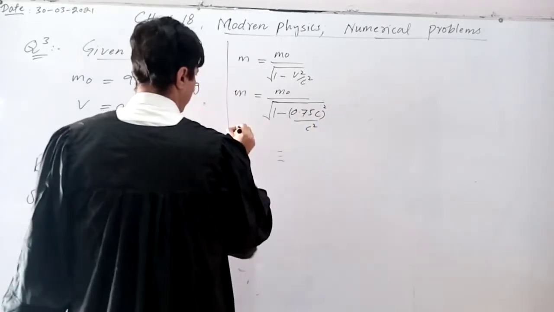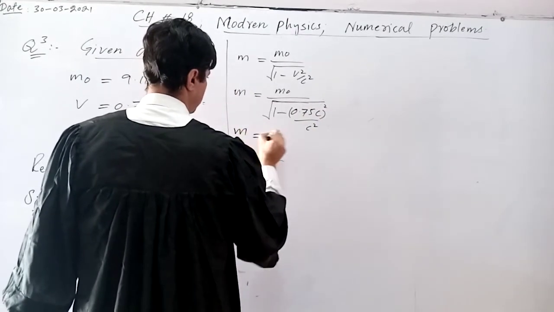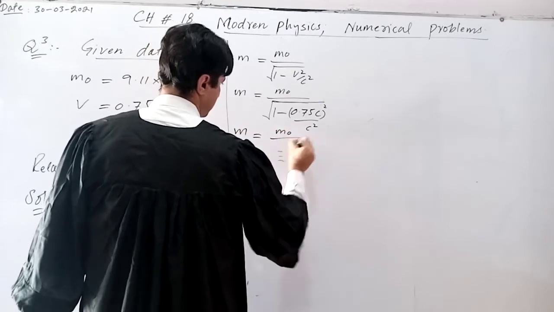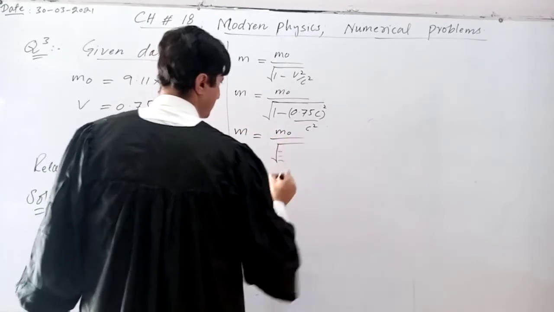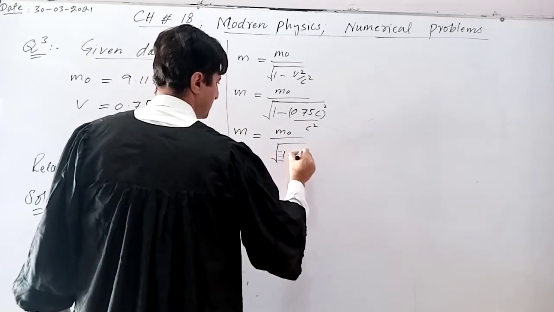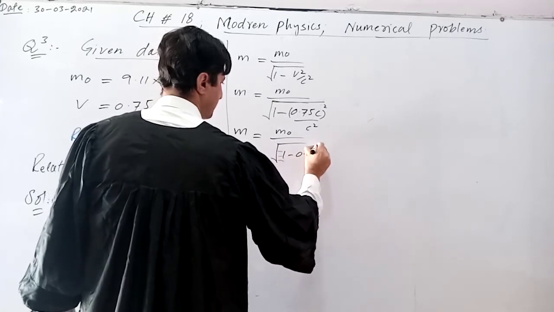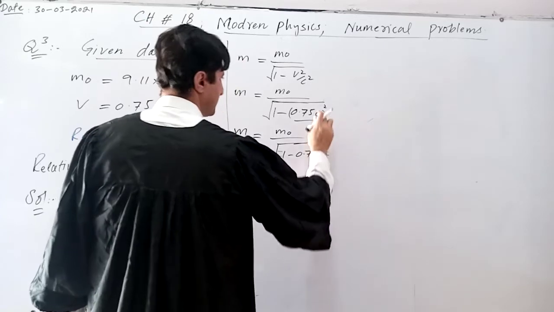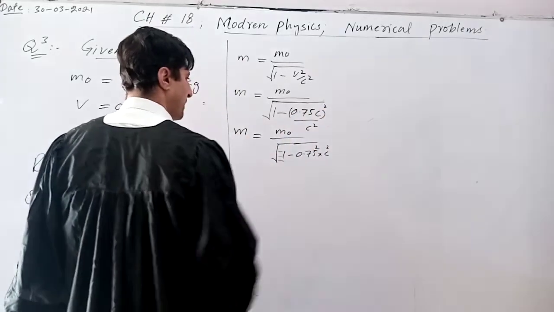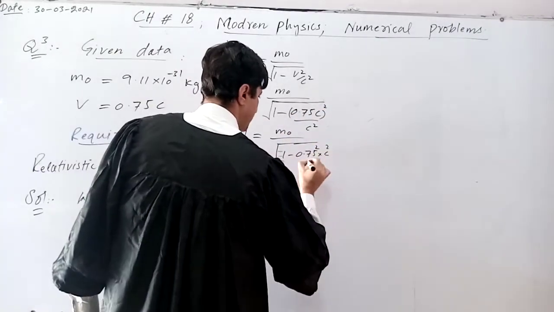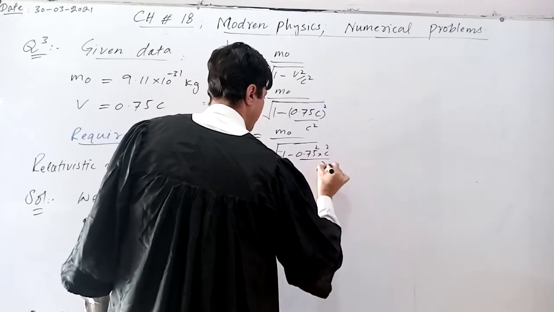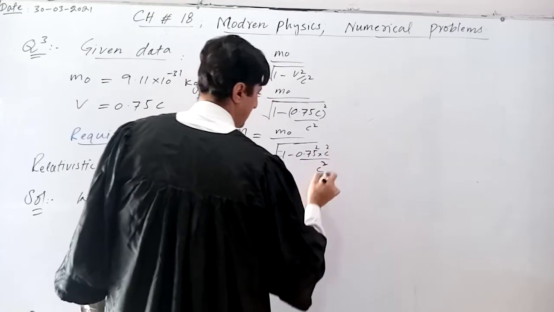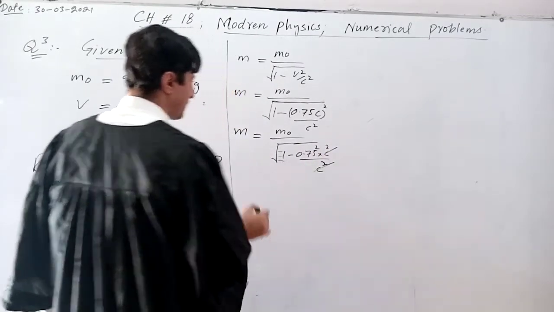So by simplifying, m equals m naught divided by under the root 1 minus 0.75 square into c square, divided by c square. So cancel this c square with c square.